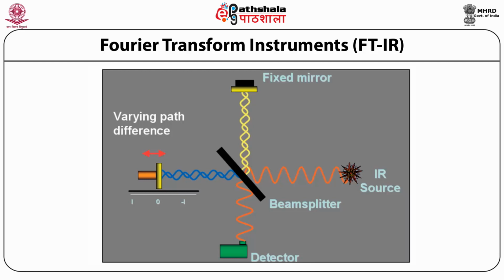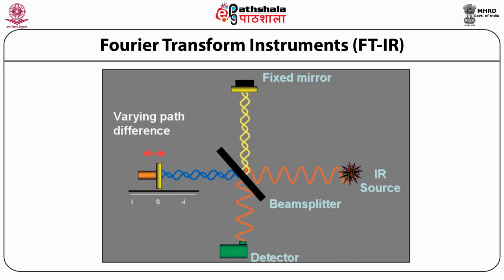This signal is digitized and processed using a computer. The unscrambling of frequencies into a spectrum is done by the Fourier transform algorithm, which gives the name to the entire spectrometer. This produces a single beam spectrum.